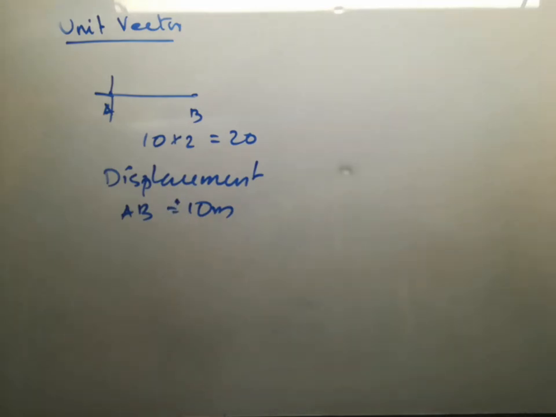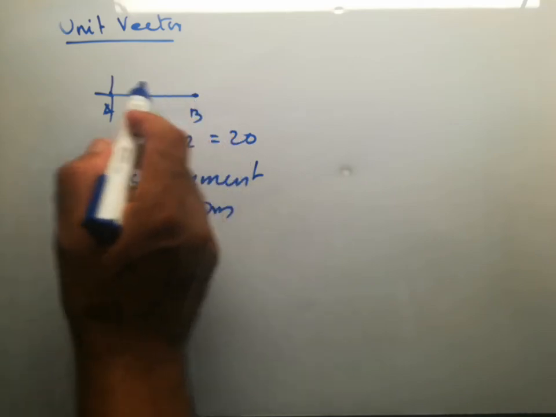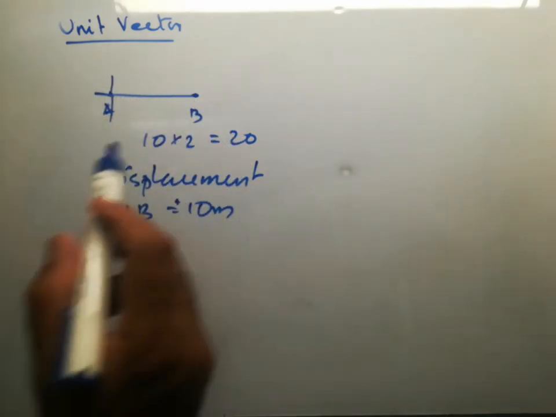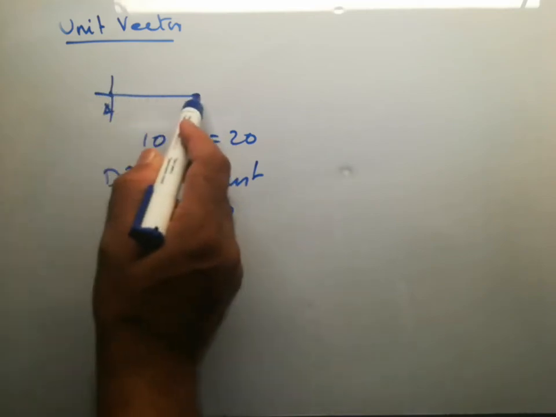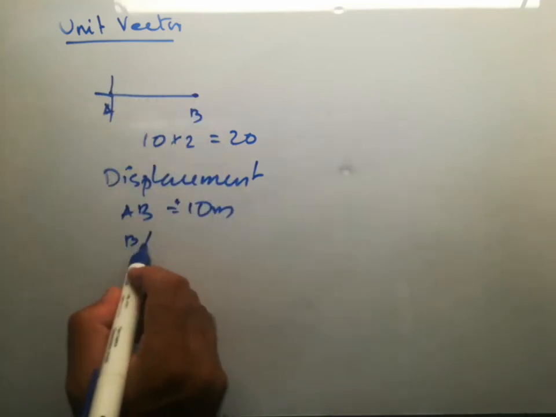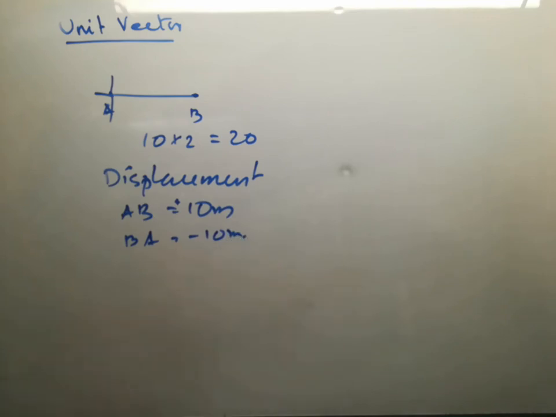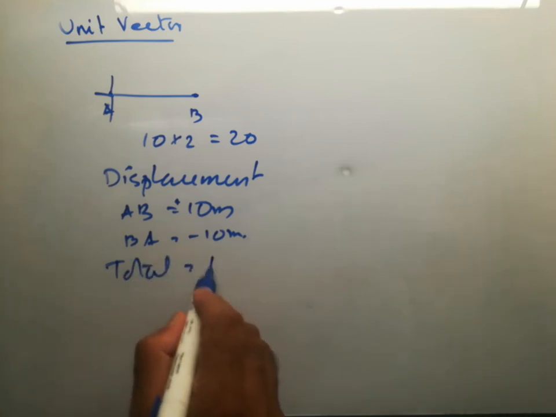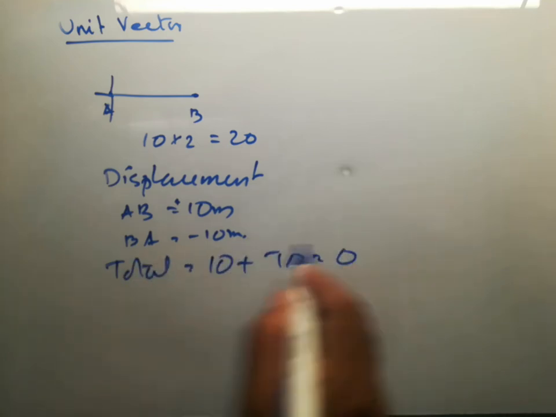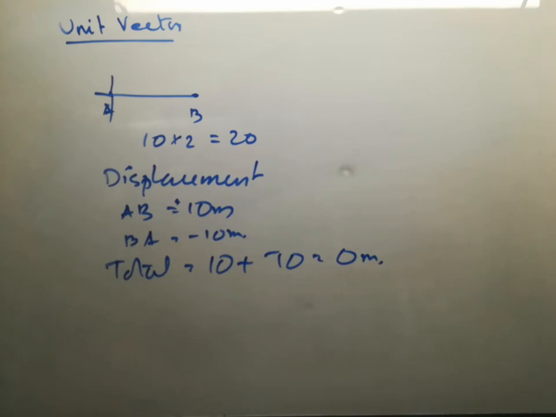Suppose, as in the previous case, he is traveling back from B to A. So this is in the positive direction. So again, BA will be minus 10 meter, and the total displacement will be equal to 10 plus minus 10 equal to 0 meters.